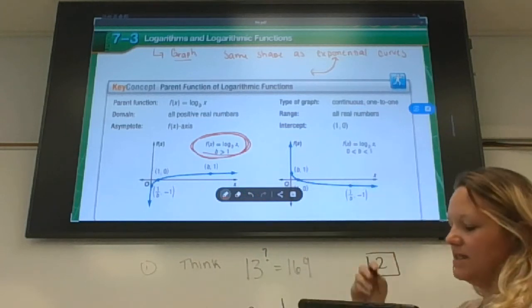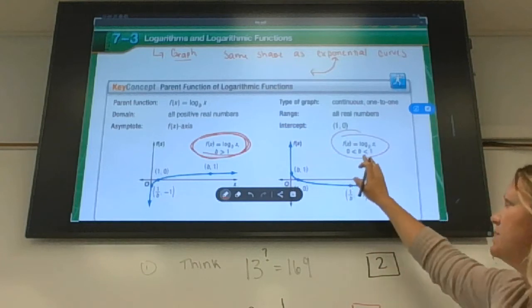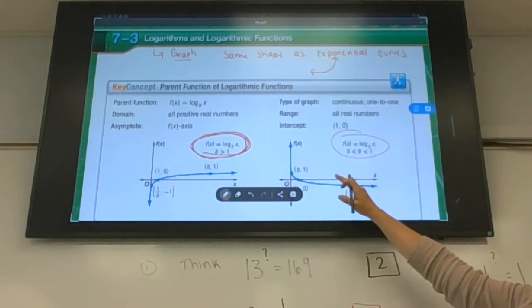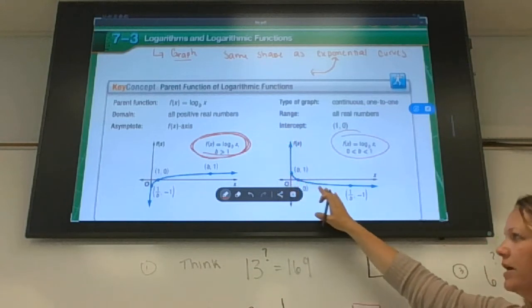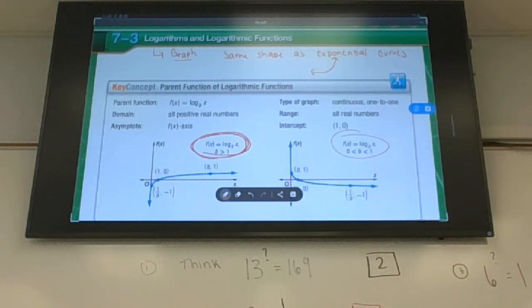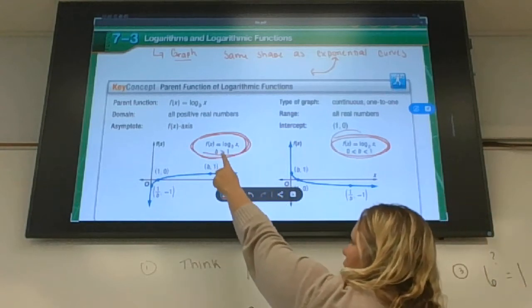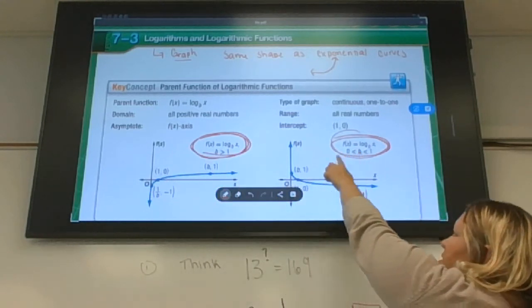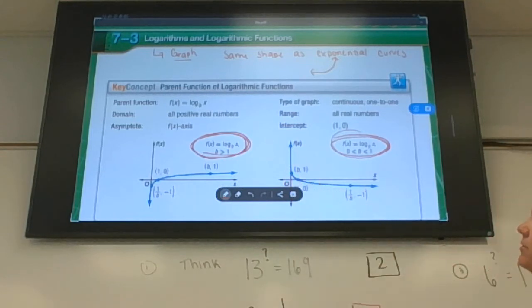If the base is between 0 and 1, because the base cannot be negative, then it's going to start high and go low. So in your notes, you could write b greater than 1 and show this shape, and then b less than 1 and show this shape. It could be helpful.